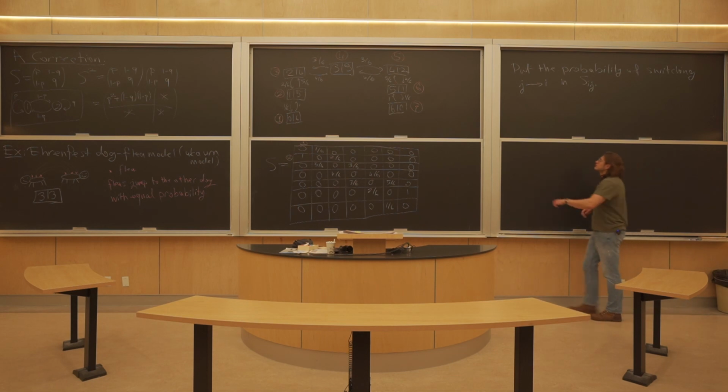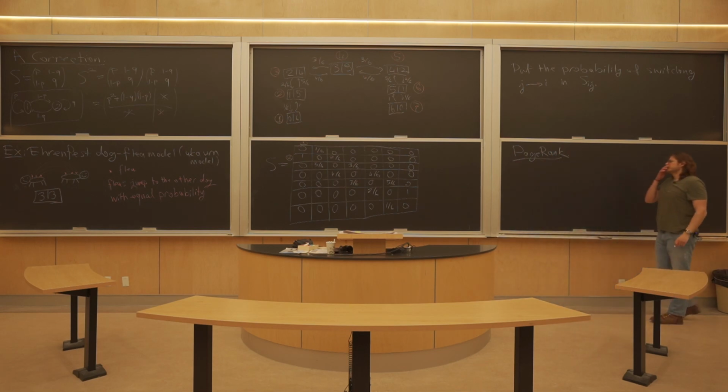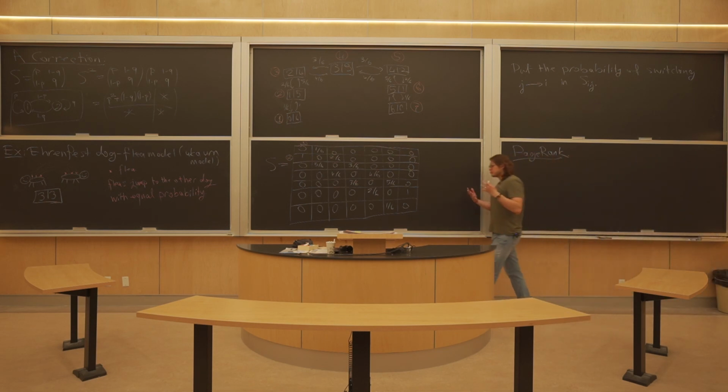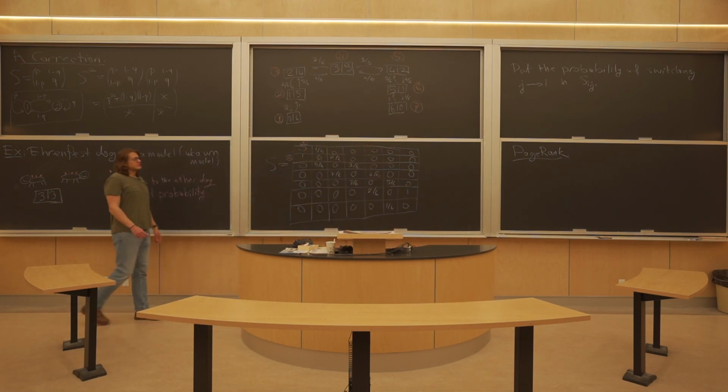So, PageRank. Now recall that this was one important piece of coming up with a search engine. There are generally 3 steps. One of them is crawling. So after all, you don't know which pages are out there.